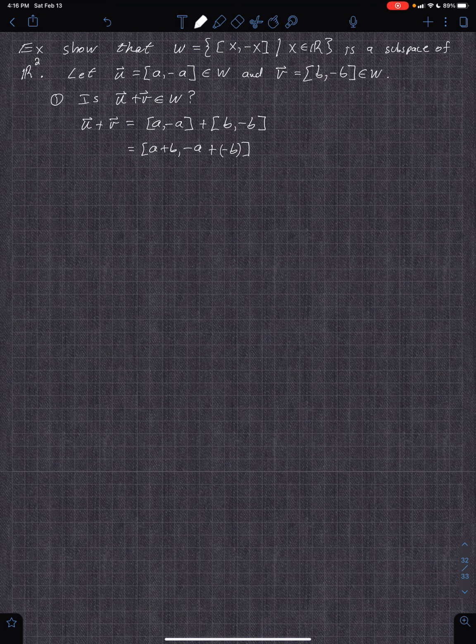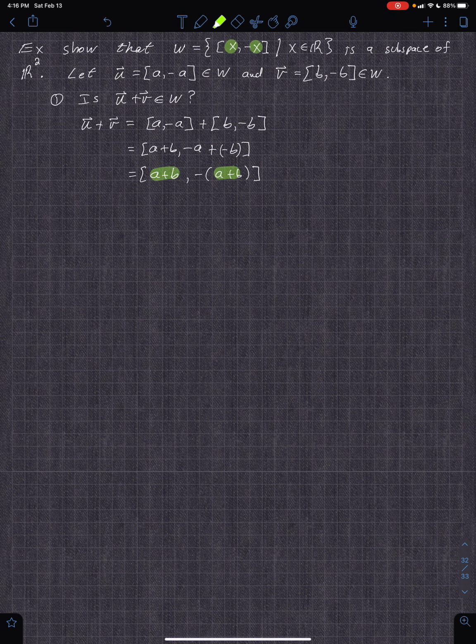And then you can factor that out, right? You can say that's equal to a plus b. So a plus b is just a real number. And then we can factor out the negative and write that as negative a plus b. So is that the form we're looking for? And you can see that it is. It's exactly the form we're looking for. So this and this are what we started with, and those have to be the same thing here and here.